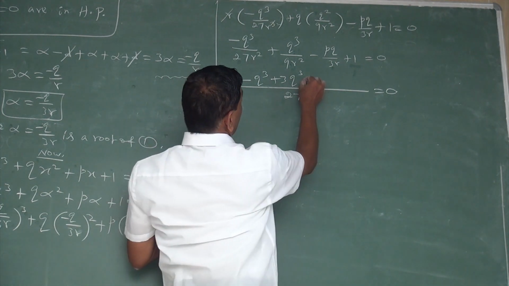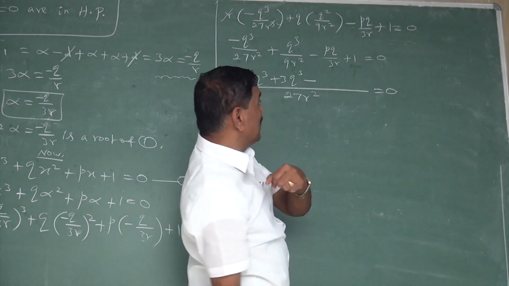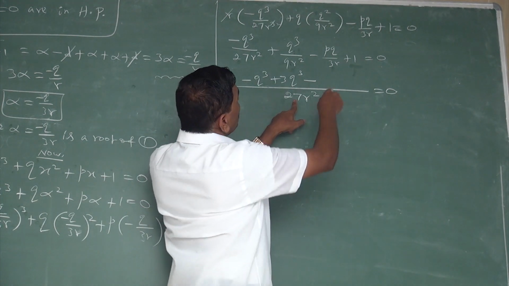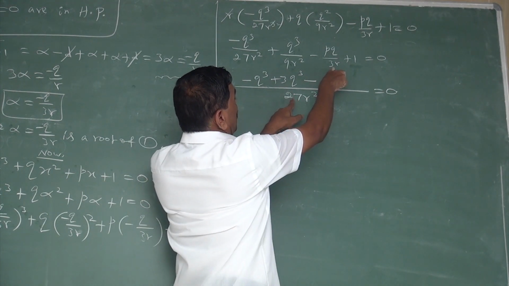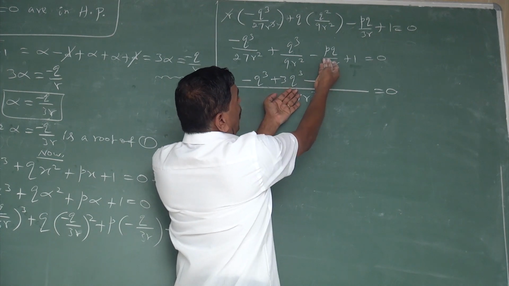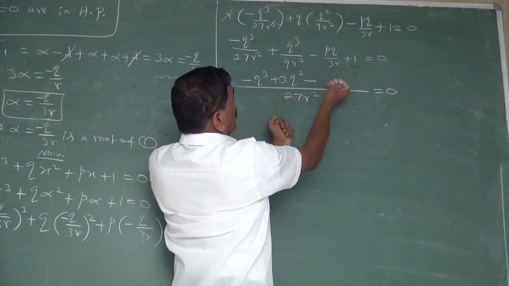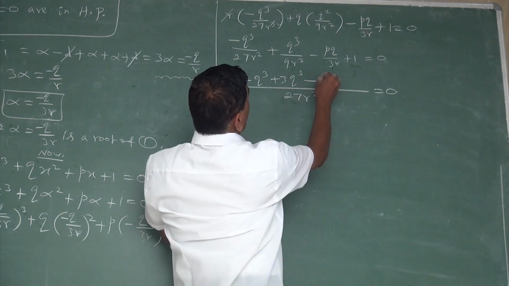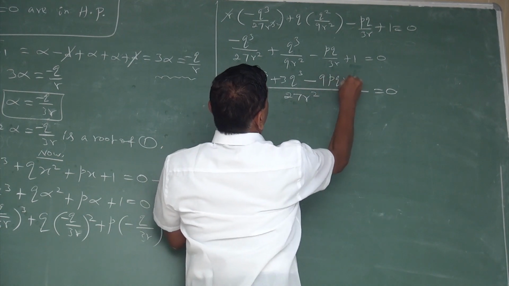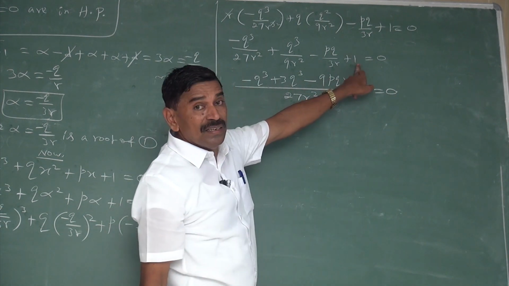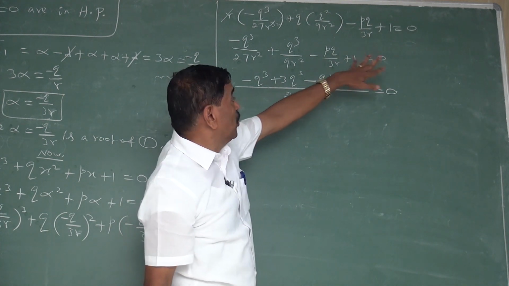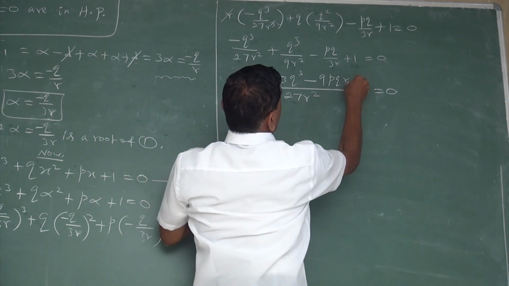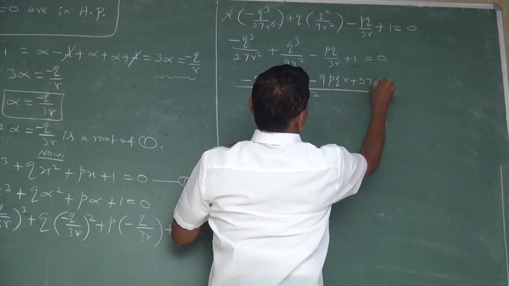Here 27 r square and here 3 r square. 1 3 is 3, 9 3s are 27, so into 9. R fully cancels, remaining r. So this 9r multiplies with the numerator, so 9 pqr. Okay, next for the last one: 27 r square as it is, because here by 1, so 1 into 27 r square, plus 27 r square as it is.